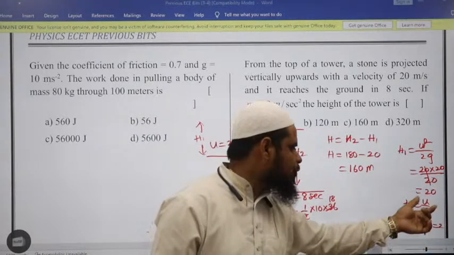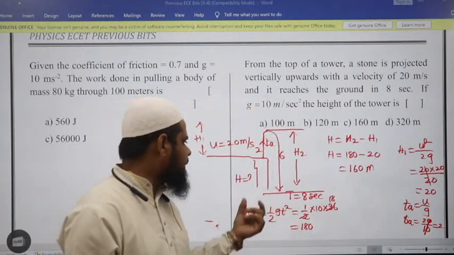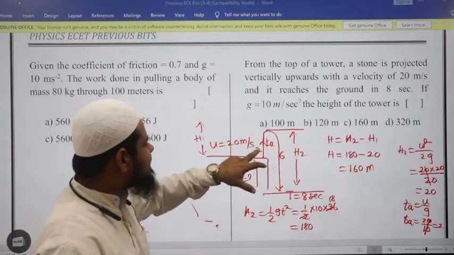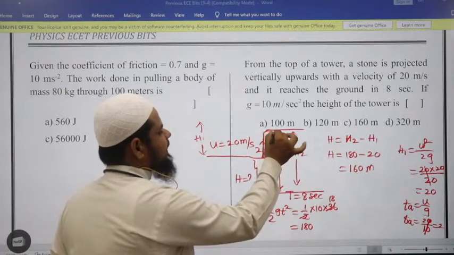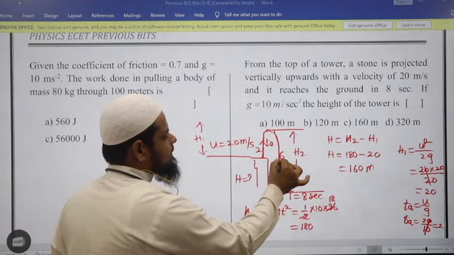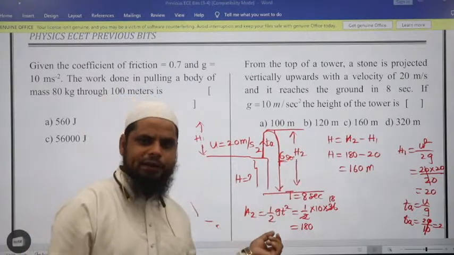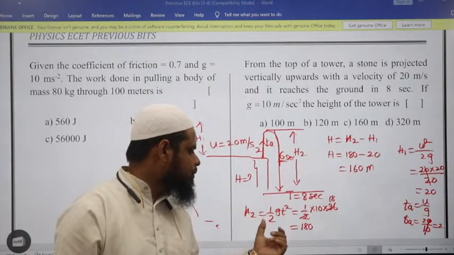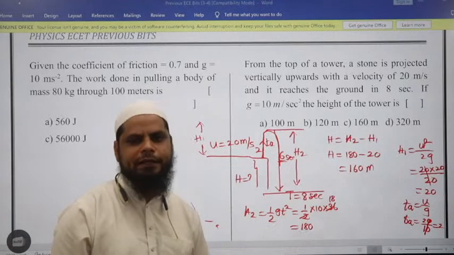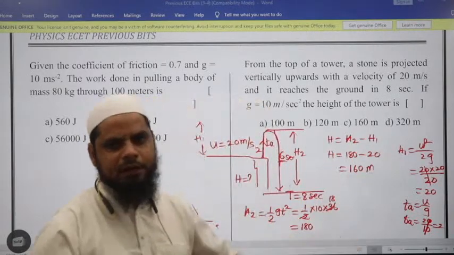Time of ascent u by g gives 2. Here for h2, the total time is 8 seconds, the time of ascent 2 seconds, so the time of free fall is 6 seconds. Then half g t square, because it is a freely falling body, gives 180. Then 180 minus 20 is 160.